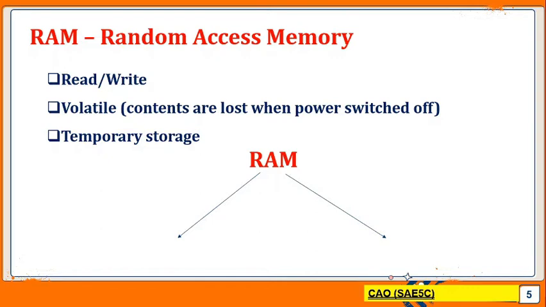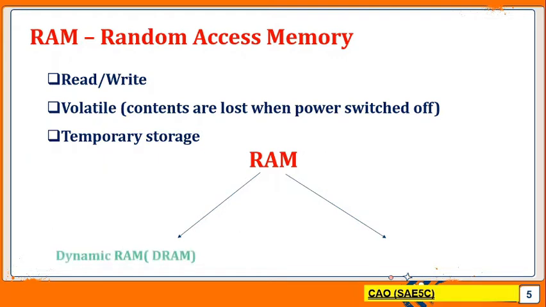Whenever you switch off the computer, system or a phone, the data will disappear. The data will be erased electronically, and RAM is mainly used for temporary storage. So whenever we want to buy a new mobile model, laptop or PC, the first thing everyone looks at is the capacity of the RAM.